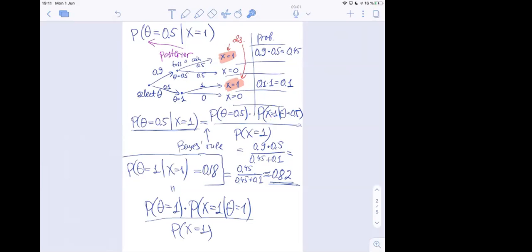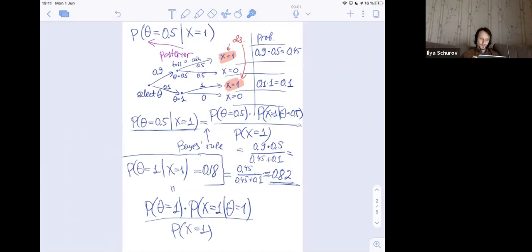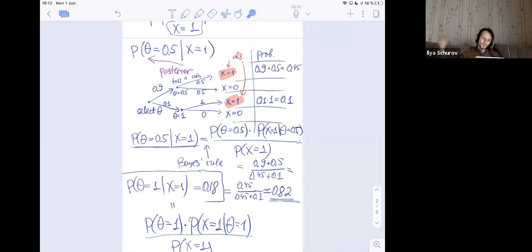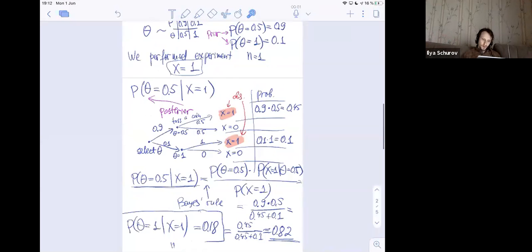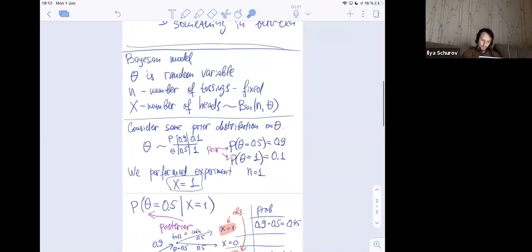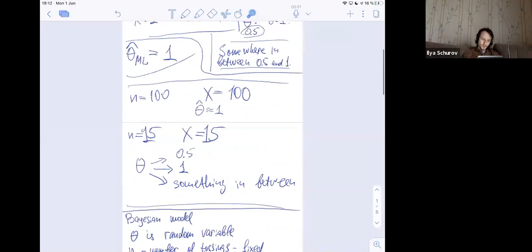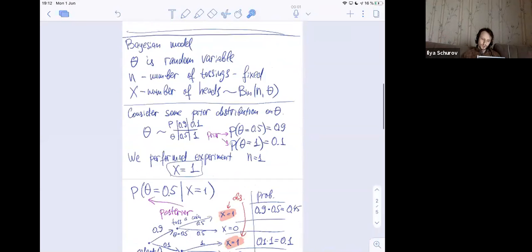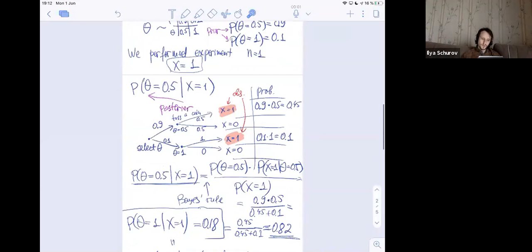Да. Okay, I see. So the idea is just to update beliefs and then use the same data to update these beliefs once again and once again. This is not a correct approach, because it is actually equivalent to imagining that we have not only this one experiment, but the results of an infinite number of similar experiments, all of them like this.